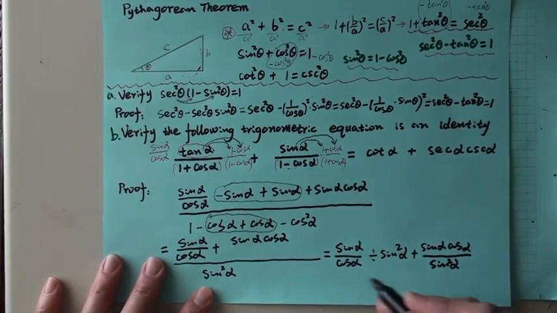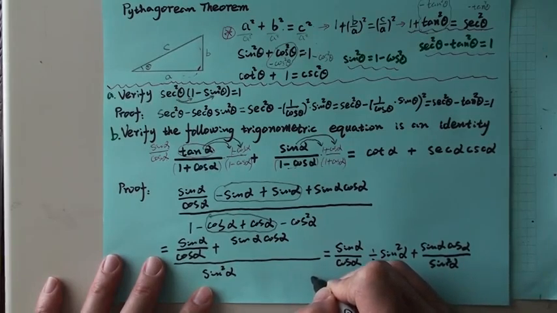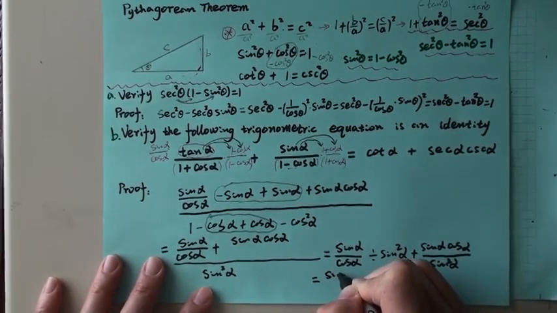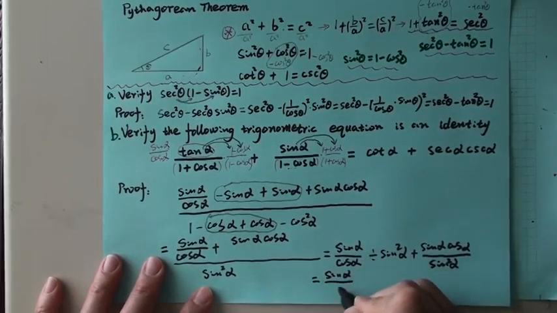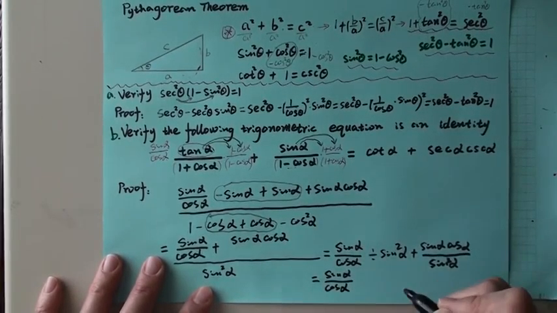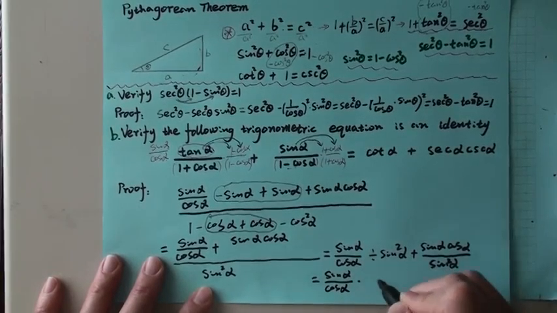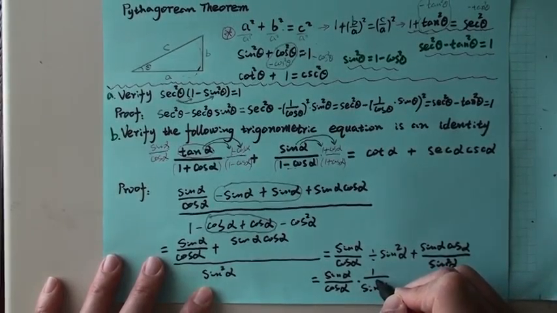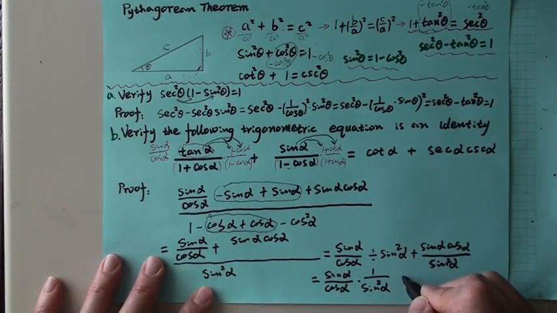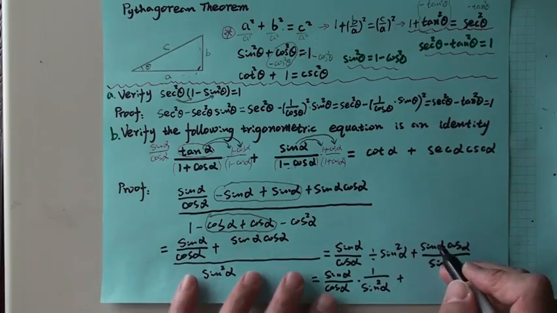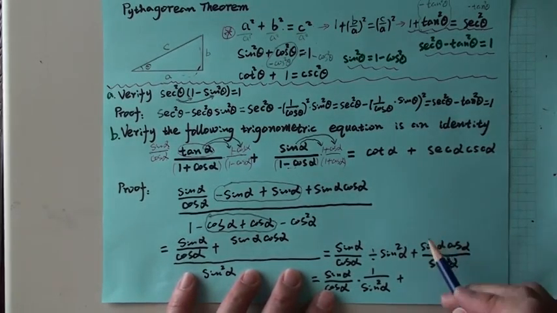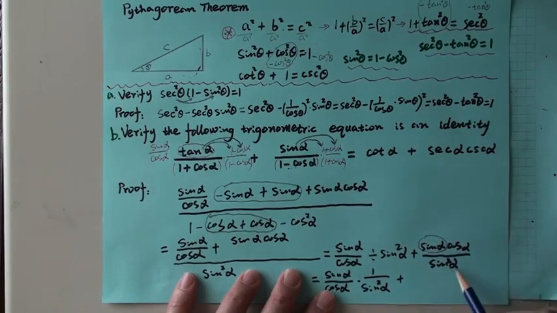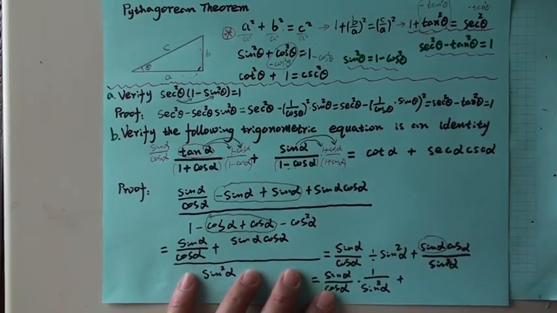Here you see, what do we get? This is sine alpha over cosine alpha times 1 over sine alpha squared. There is a sine alpha here and sine alpha squared, so this will be cancelled. Then basically it is cosine alpha over sine alpha.